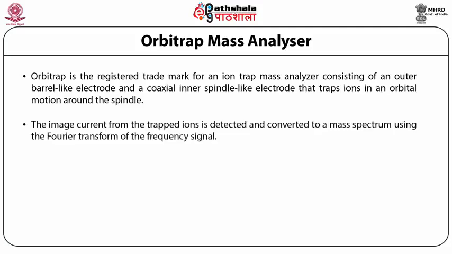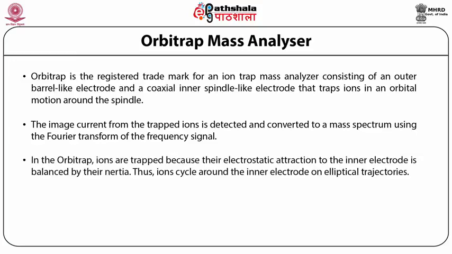The image current from the trapped ions is detected and converted to a mass spectrum using the Fourier transform of the frequency signal. In the Orbitrap, ions are trapped because their electrostatic attraction to the inner electrode is balanced by their inertia.